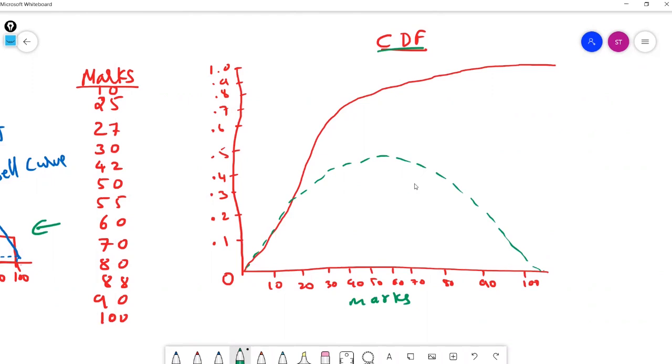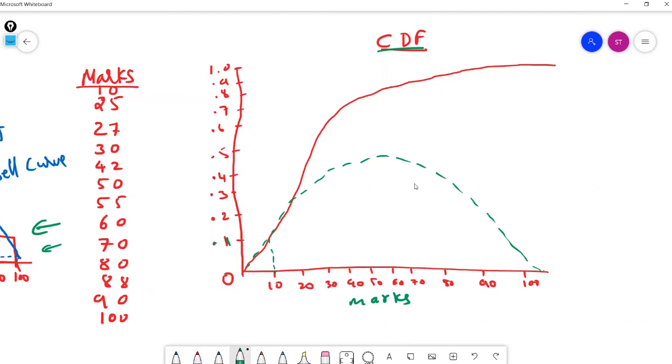If I say the distribution of the data from 0 to 10 marks is 0.1, it's 10% if you want to convert into a percentage. The same thing you can imagine in this distribution in the PDF.